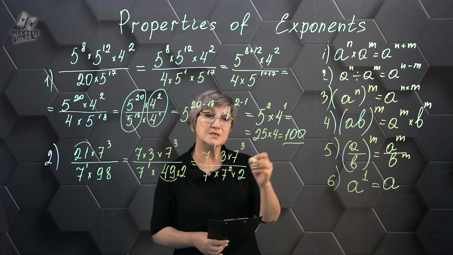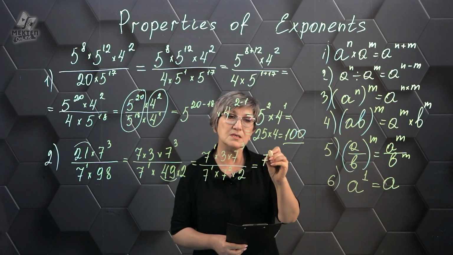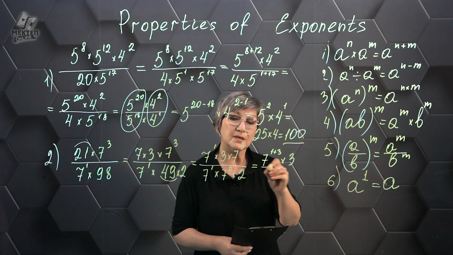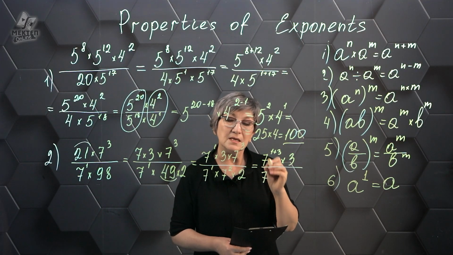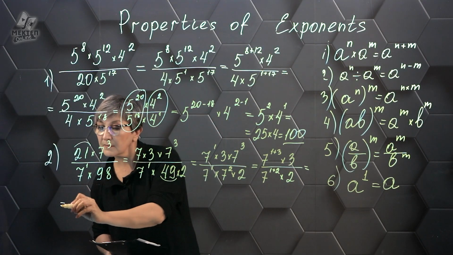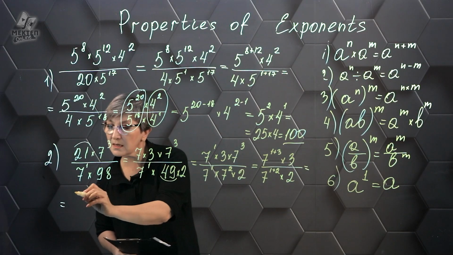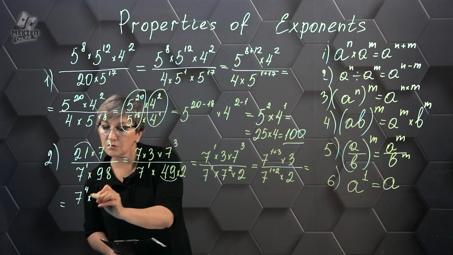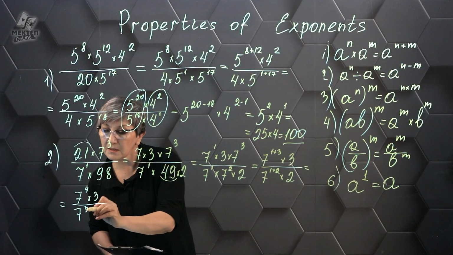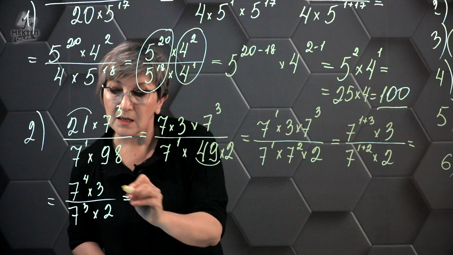For numbers with base 7, the result is 7 to the power of 1 plus 3 times 3. Divide in the denominator 7 to the power of 1 plus 2 and multiply by 2. In the numerator 7 to the power of 4 times 3, in the denominator 7 to the power of 3 times 2.